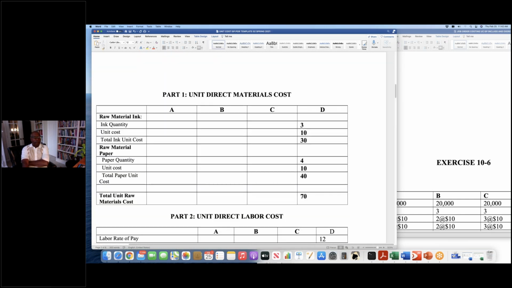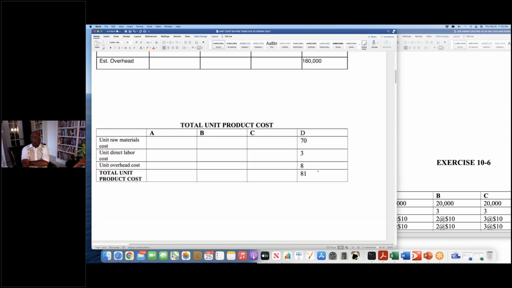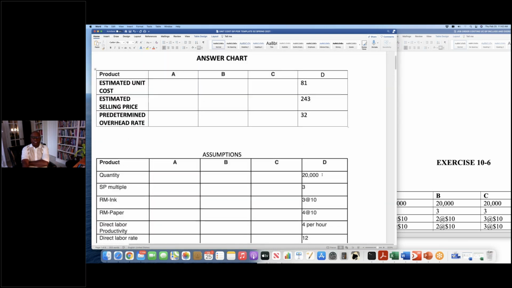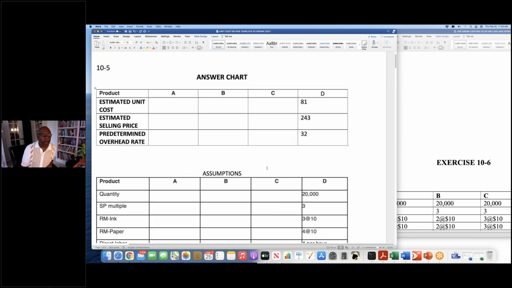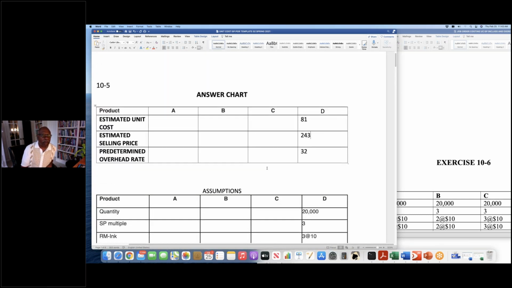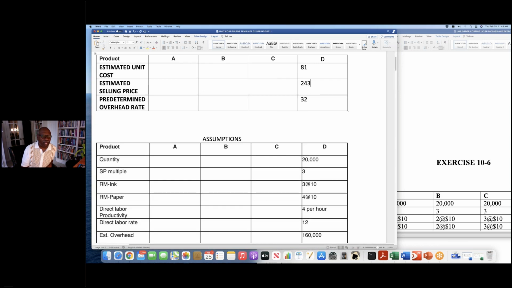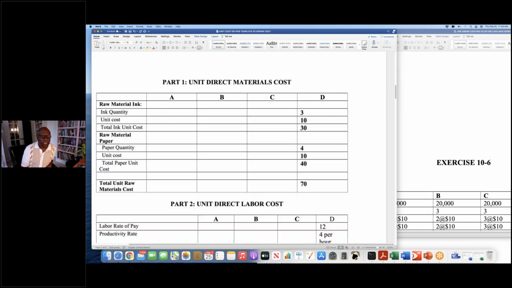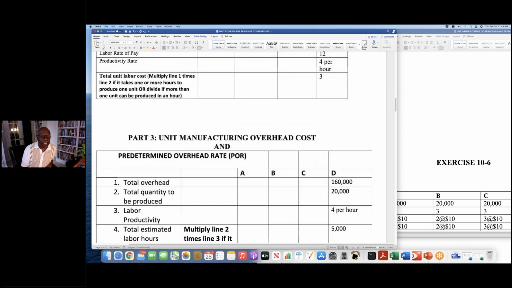Okay. Who's volunteering to be next? Me, Professor Boyd. This is Garrett. Which one do you have? Exercise 10-6A, I believe. Yes, sir. Okay, so 10-6A.